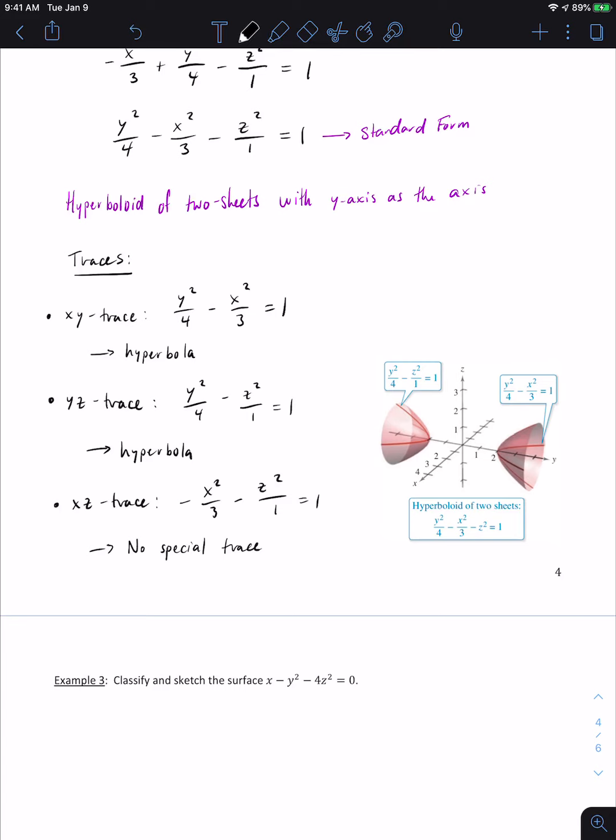Right? So if I were going to highlight this, since we already kind of have it drawn to the left, the XY trace, remember, is going to be a hyperbola. So the XY trace would be this piece right here, and this piece right here. And as you can see, that is a hyperbola.